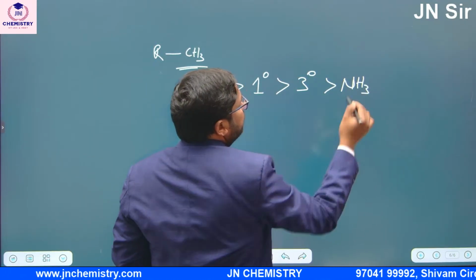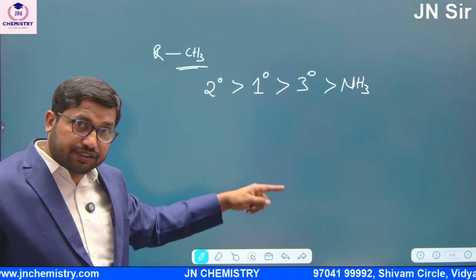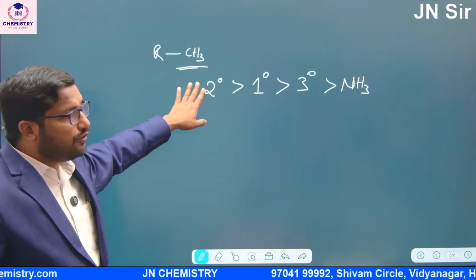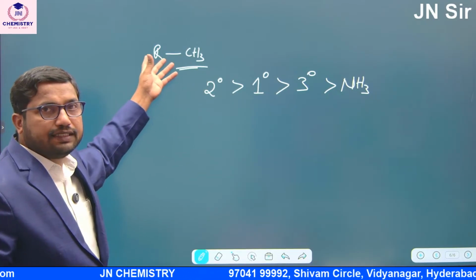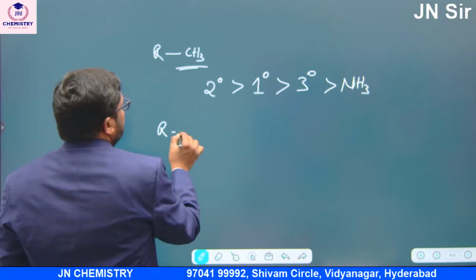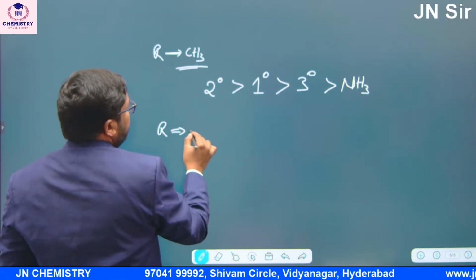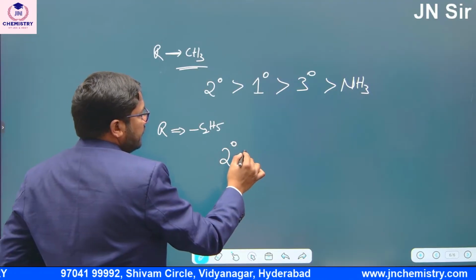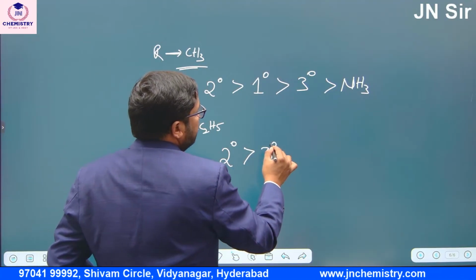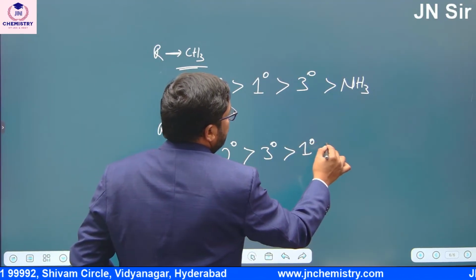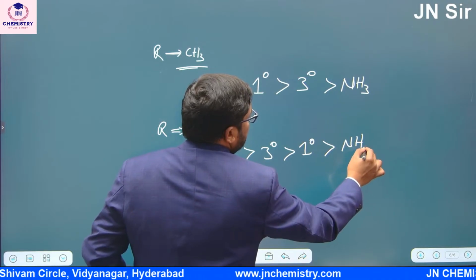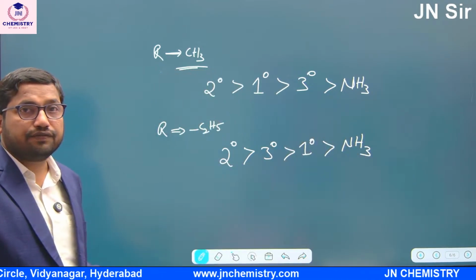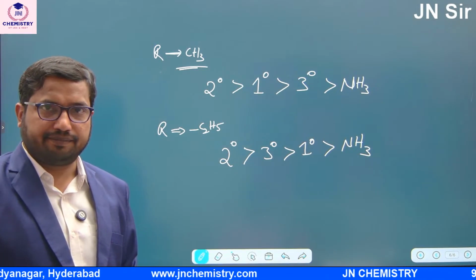It came because of the combination of all these. If you change the R group from methyl to ethyl, C2H5, the order changes: 2 degree, then 3 degree, then 1 degree, then ammonia. This order is because of the combination of all these three.